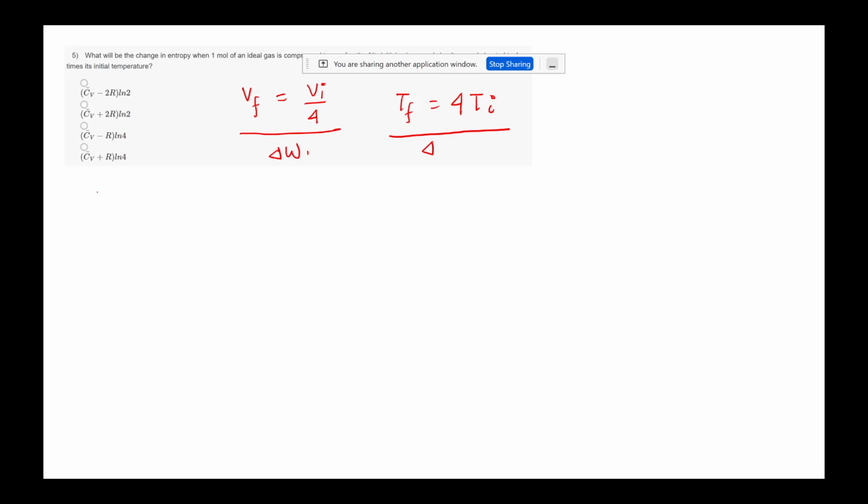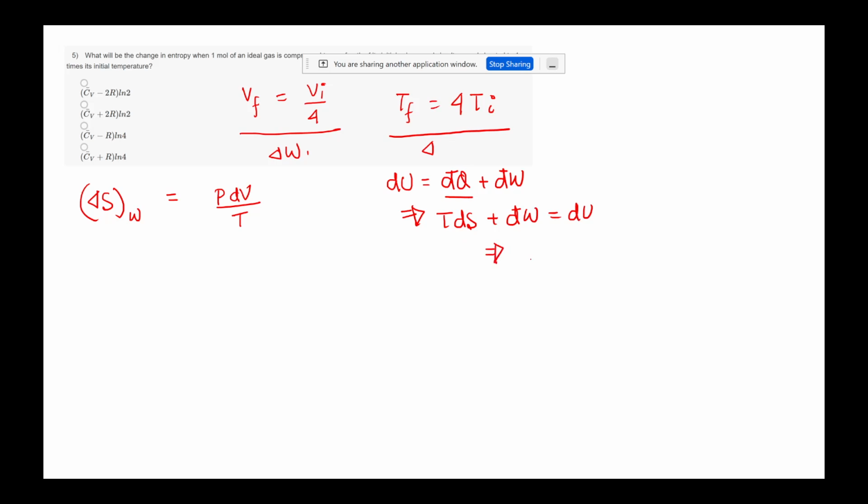Now if you want to calculate the entropy, for work, that is P dV, divided by T, because as we all know, this is our equation: dU is dq plus dw, and for reversible processes we can substitute and write T dS plus dw is equal to dU.